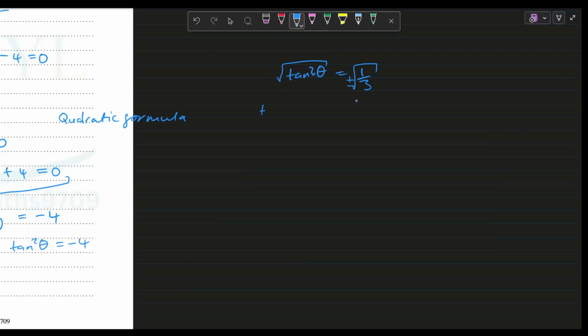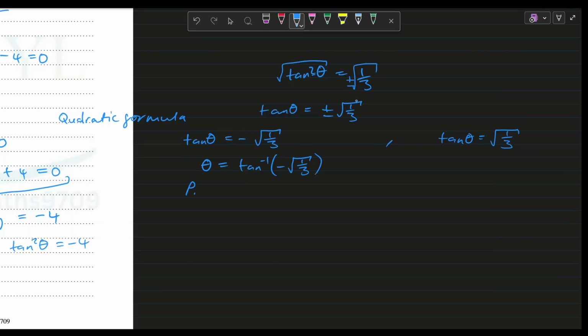So it's tan theta is equal to plus or minus root 1/3, which we can separate into two separate equations. So we've got either tan theta is negative root 1/3 or tan theta is positive root 1/3. We'll start with the negative one. You get that theta is arctan of negative root 1/3.